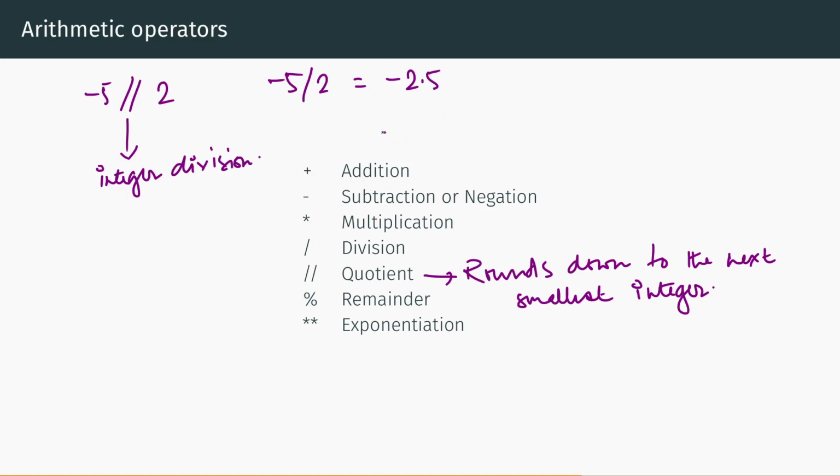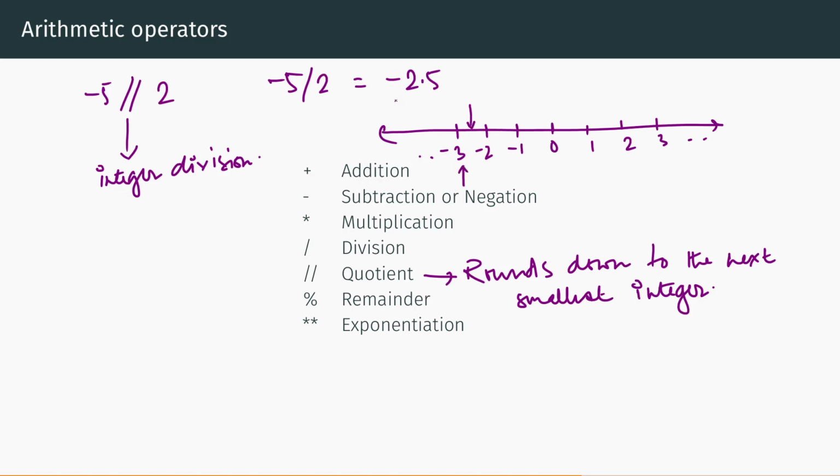On the number line, this is, let's say, 0, 1, 2, 3, and so on. And this is negative 1, negative 2, negative 3, and so on. Minus 2.5 would be somewhere here. Now the next smallest integer would be minus 3, right?